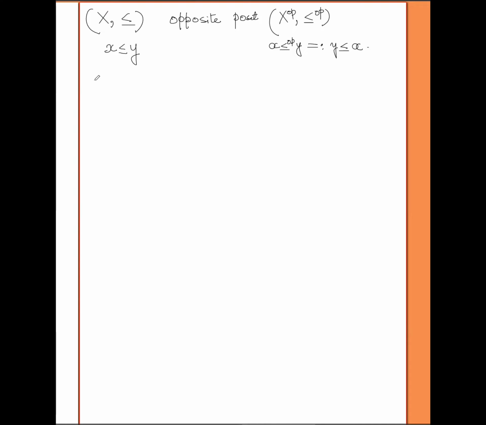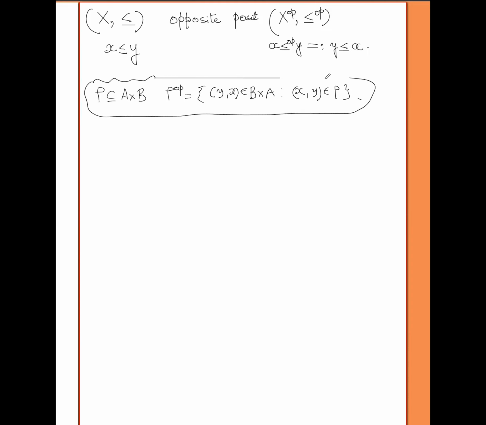The analog is, suppose you have a relation rho, then you have the relation from B cross A such that (y, x) is in rho, right? So it's exactly the same thing we are doing over here. We are taking the opposite relation of this. So this is also a poset.